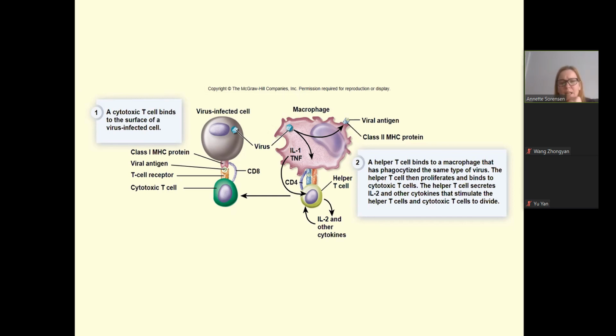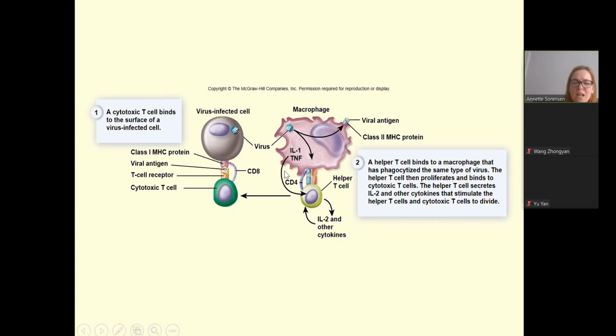Now, the helper cell, we looked at that earlier on, and it's really the figure that you see here. So here we have a T helper cell, which has recognized the class 2 MHC protein expressed on this macrophage.